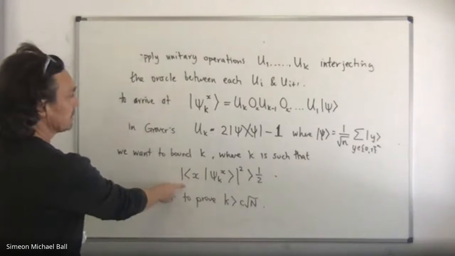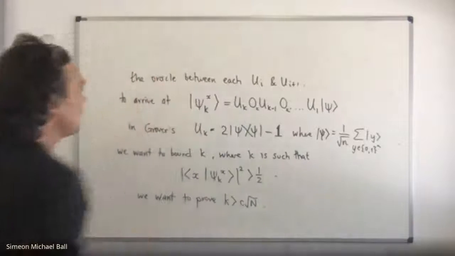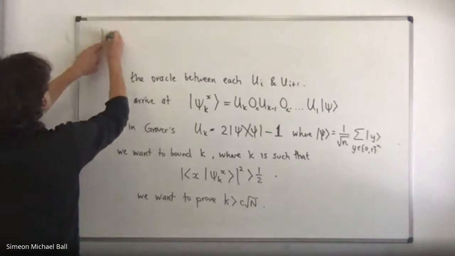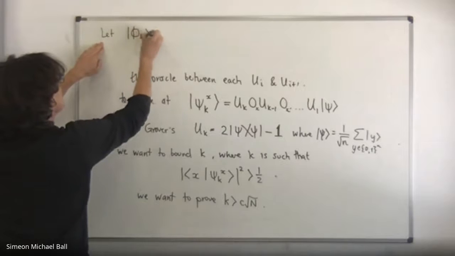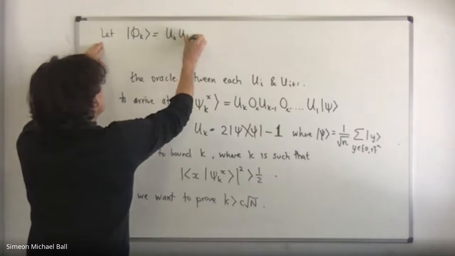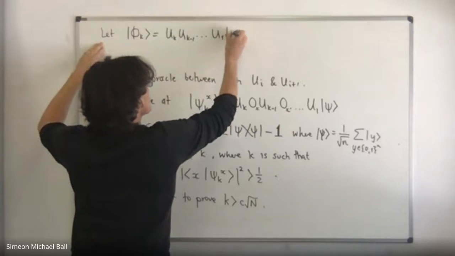So the idea is to look at this state, phi_k being the state you would get just by applying the unitaries to the initial circuit.